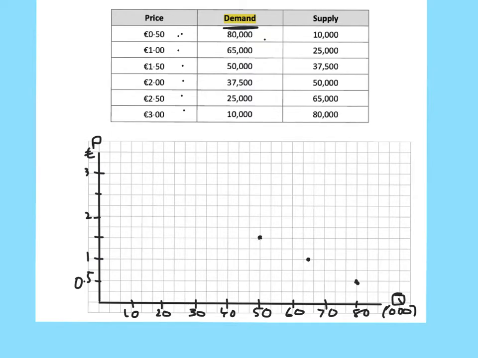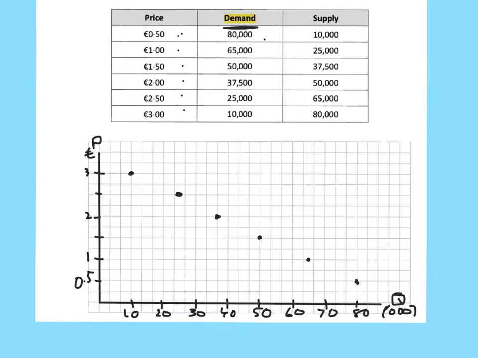Then €2, 37,500, so just about there in the middle. And then we have 25,000 at 2.50, here. And then finally at €3 we have 10,000, which is there.